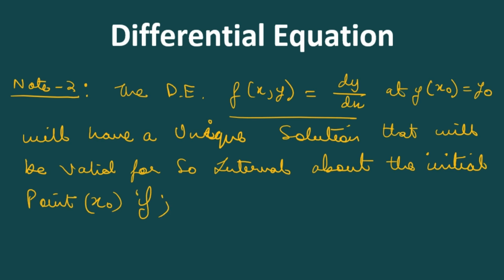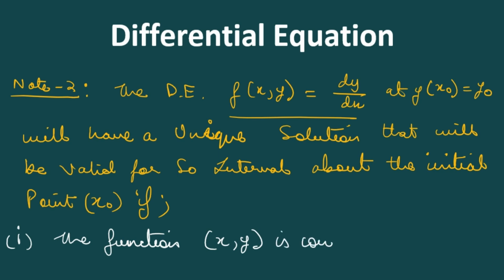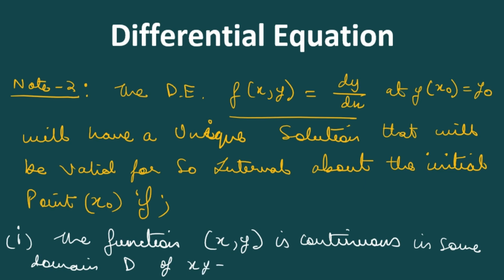All right, now if this happens, it happens only because of these conditions. So the first condition, number 1, is this: the function f of x comma y is continuous in some domain D of the xy plane.